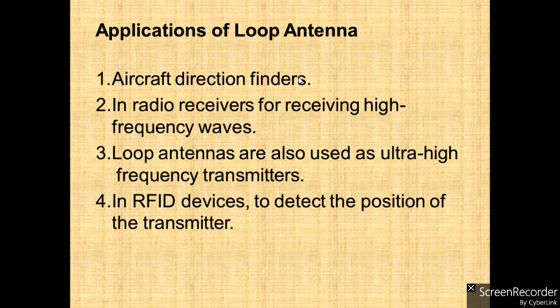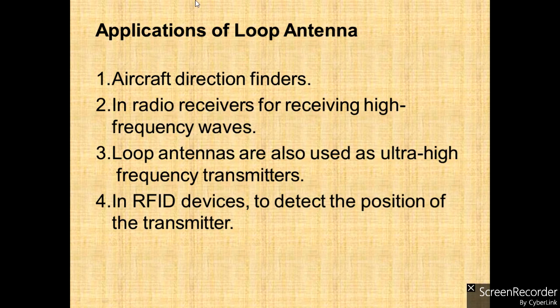The third point, loop antennas are also used as ultra high frequency transmitters. And the last point, loop antenna is used in RFID devices to detect the position of the transmitter. So we can use this loop antenna in various applications.